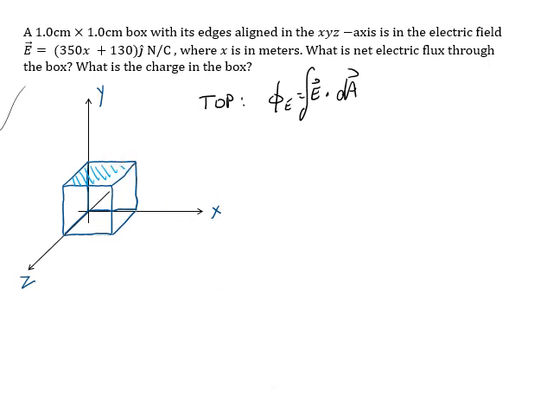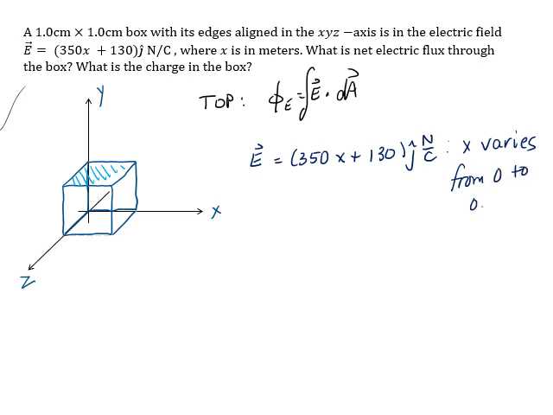X varies. So if we write down our expression for electric field, E equals 350x plus 130 j newtons per coulomb, we have to remember that x varies, and it varies from 0 to 0.01 meters. So x is not a constant here.